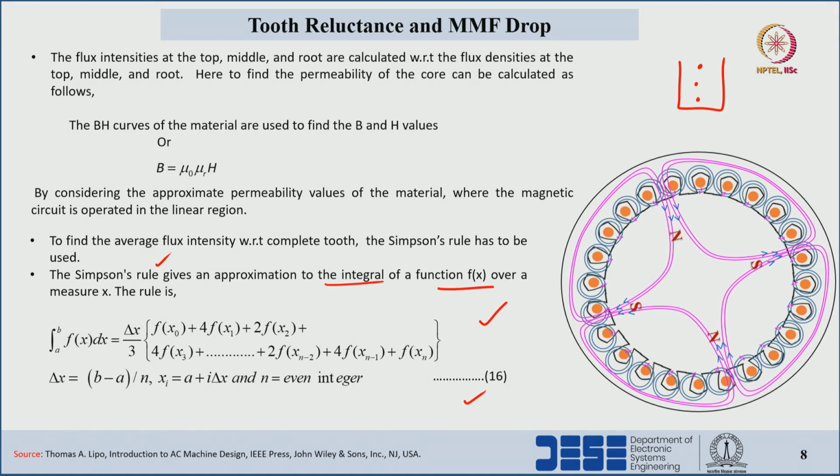Here delta x is nothing but the limits, b minus a, divided by n, where n is the number of points or number of instants to find the average of the different values of the function, and xi is the lower limit plus i into delta x. Why we are utilizing this rule is to find the average flux density with respect to the complete tooth.